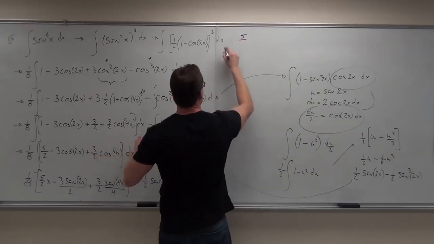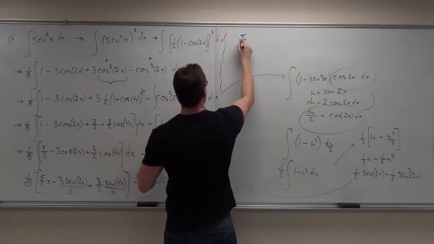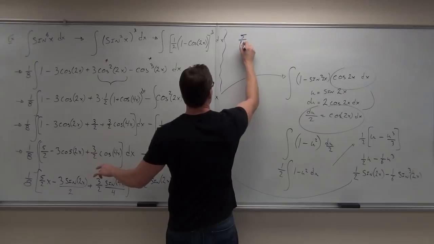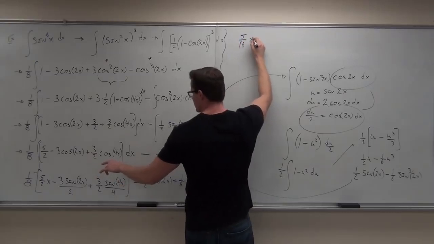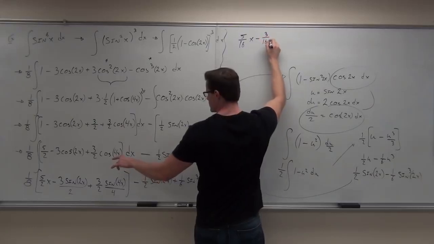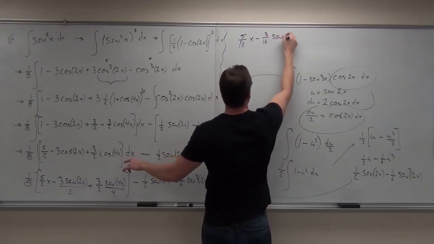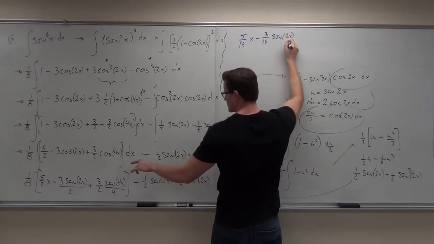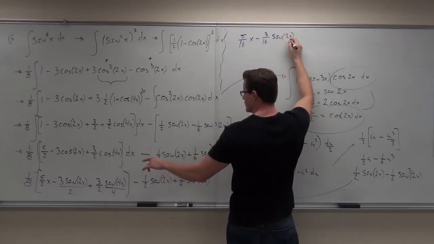So working from the very bottom, 5/16 x. Oh goodness, minus 3/16 sine 2x. I know, right?